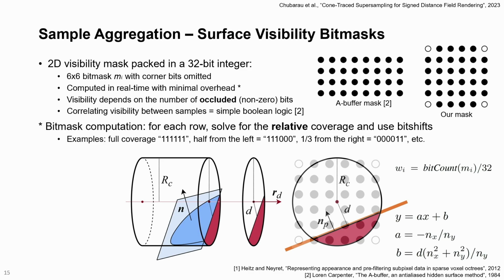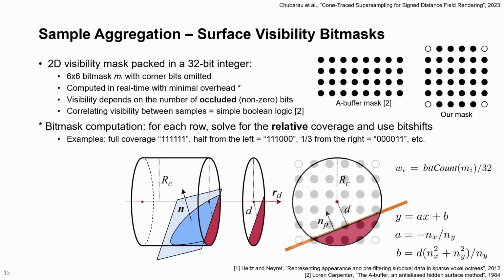The ones in this bit mask mean that the surface is covering that particular point within the pixel, and the zeros are the clear space, nothing there. We use a 6x6 mask, which makes 36 bits in total, but we omit the corner bits, so it makes for 32 bits in total.